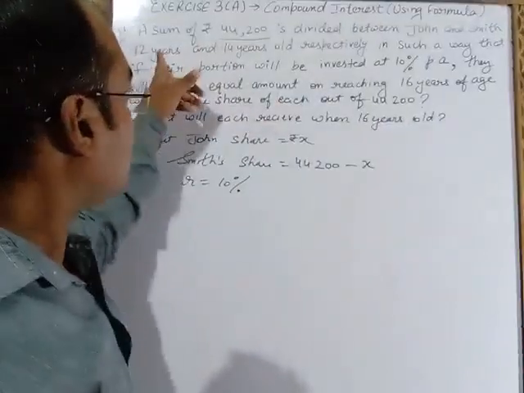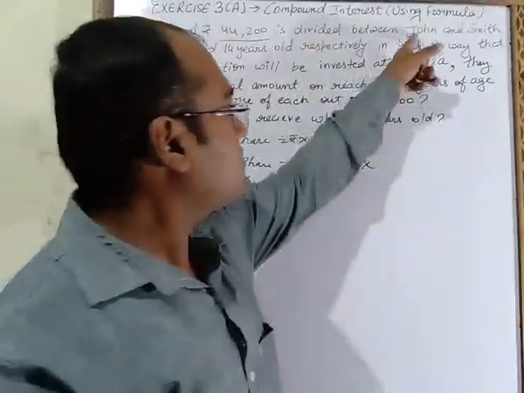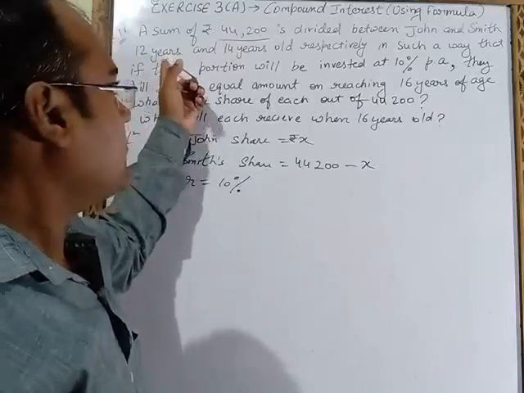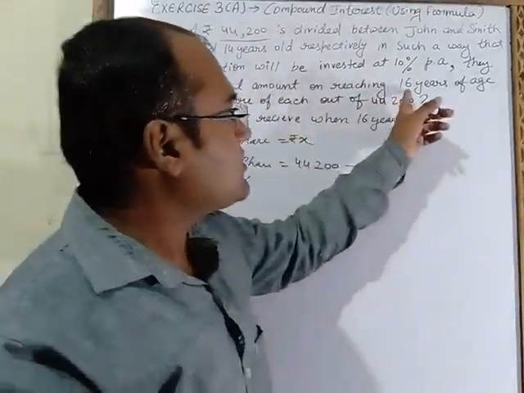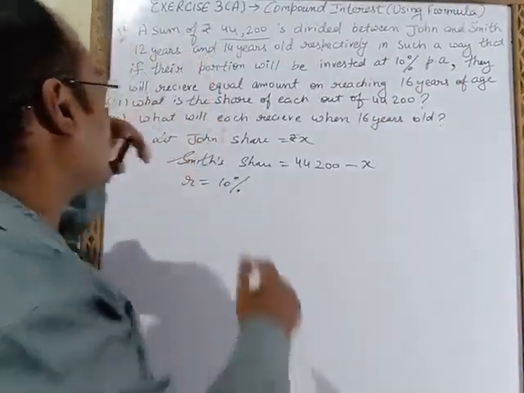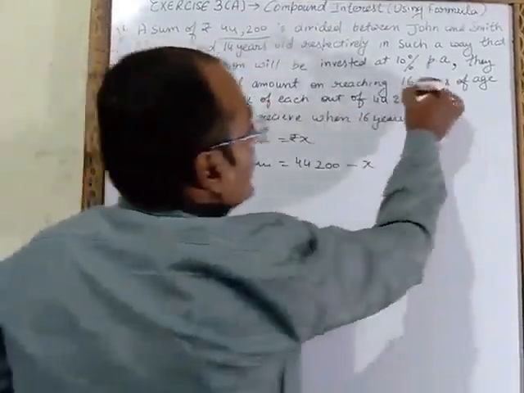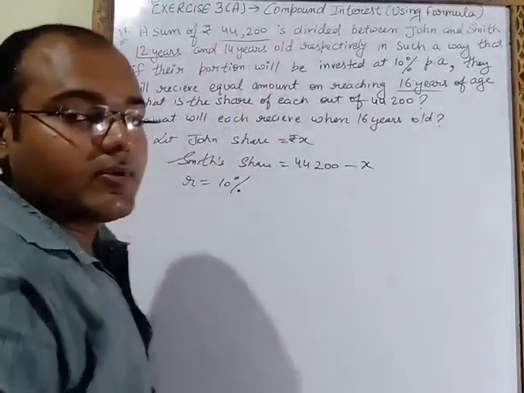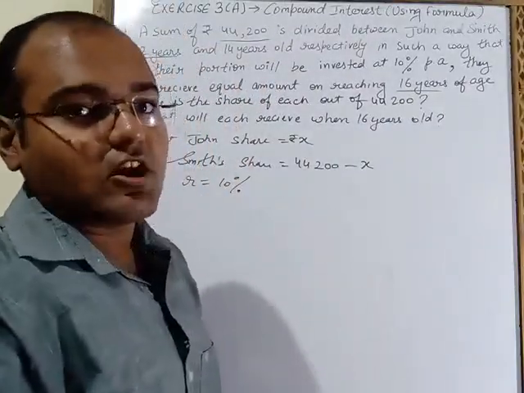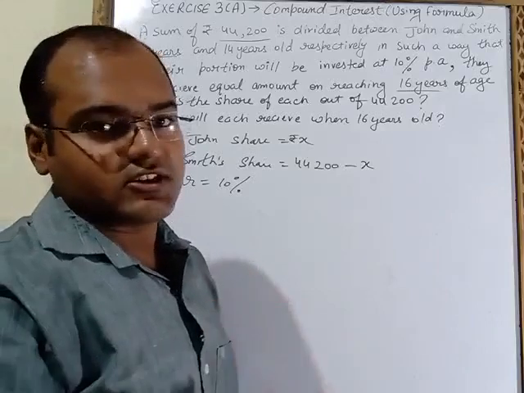So age of John is 12 years, and on reaching 16 years of age, how much time is there? You can check. Age of John is 12 years and he is taking time 16 years. So between 12 to 16 years, 4 years time we are having.